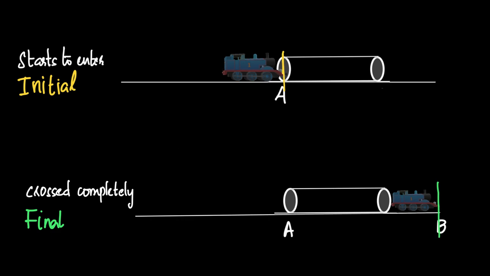This initial position can be drawn over here like this, and therefore the displacement would look like this from the initial position to the final position. So this is how the displacement vector would look.